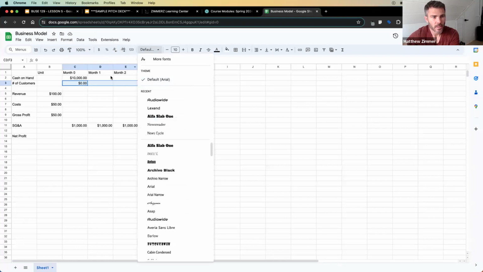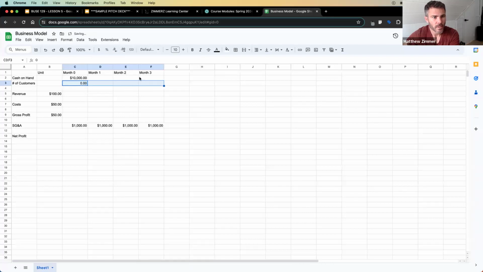I want to change this data type so it's just a number. So we're going to have 0 in month 1. We're going to have 5 in month 1, 10 in month 2, 20 in month 3. So whatever, something scales like that.